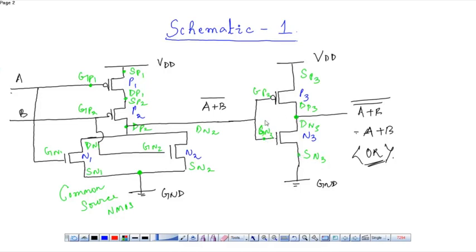Here we have the common drain. Now the output of this is the input of this. So this is the schematic of a two input OR gate.